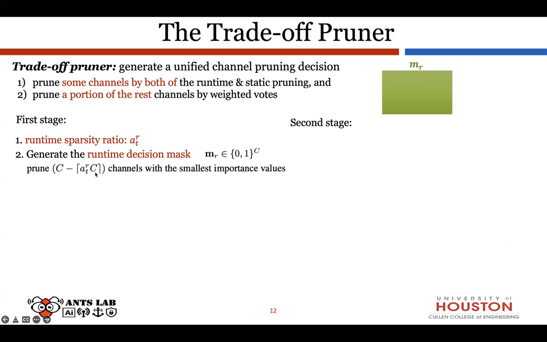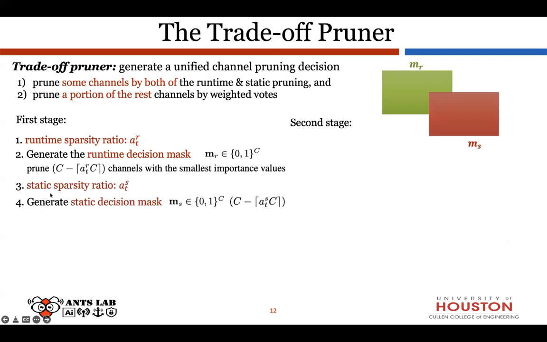We will prune some channels with the smallest importance values according to this ratio and according to that vector. Similarly, for the static pruning, assume we already have the sparsity ratio AS, and we have the static channel importance vector US, and then we can generate a static decision mask.